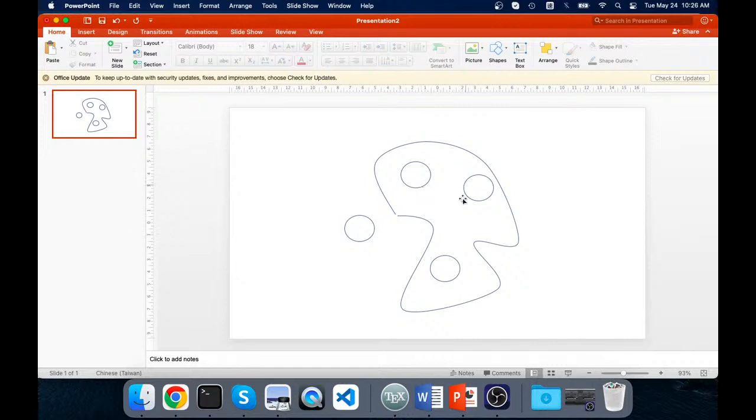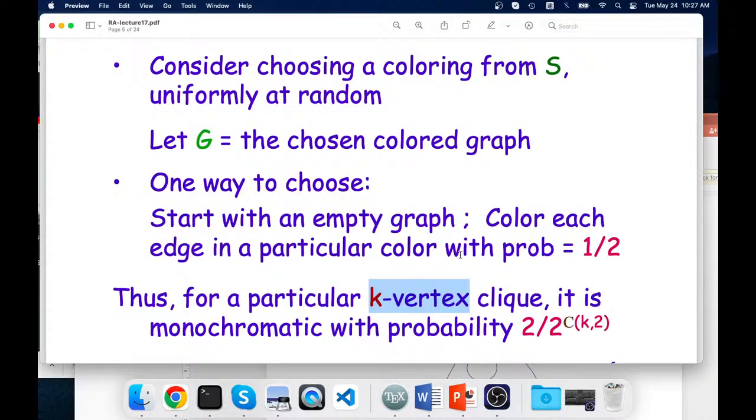The chance that all of them are red is 1/2 times 1/2 times 1/2, and so on, up to k choose 2 times. Similarly, the chance that they are all green is 1/2 times 1/2 times 1/2, and so on, up to k choose 2 times. So the chance that we will see a monochromatic clique among this particular set of k vertices is equal to 1/2 to the power k choose 2 multiplied by 2. So this is the number that we have here.